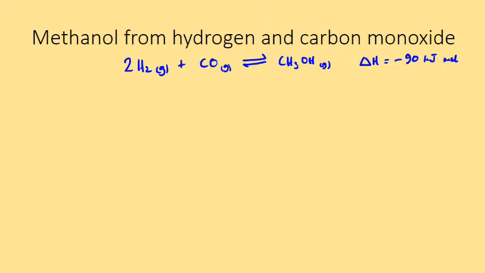So we're going to have a compromise on temperature. You're going to want a low temperature for the equilibrium position, but you're going to want a higher temperature for the reaction rate. And look, you've got 3 moles on the left-hand side and only 1 mole on the right-hand side. So you're going to want a high pressure for yield, and yet high pressure is quite expensive. So you've got exactly the same compromises.